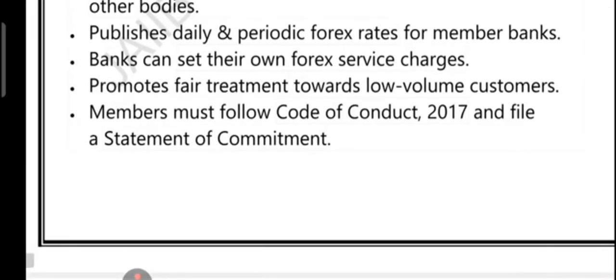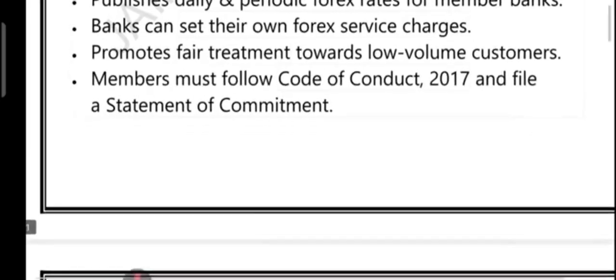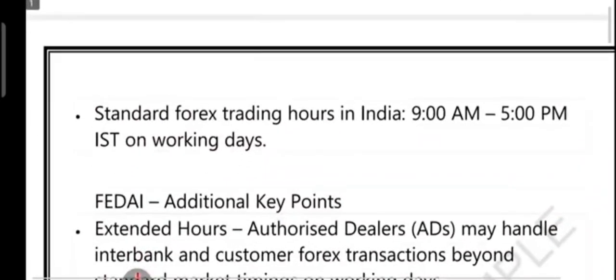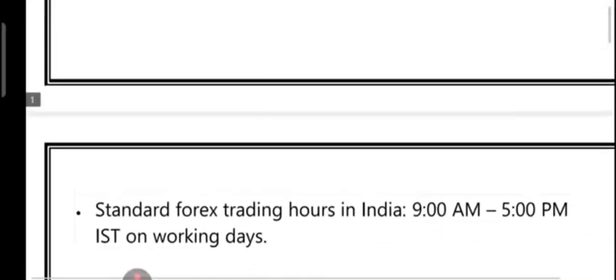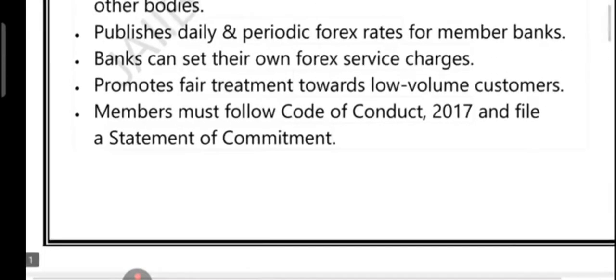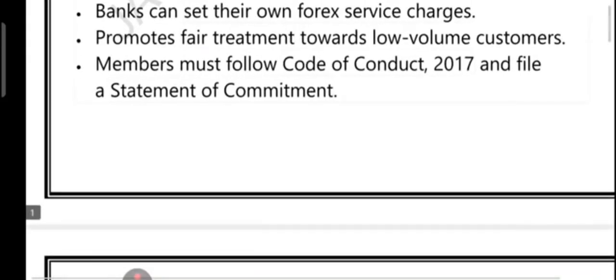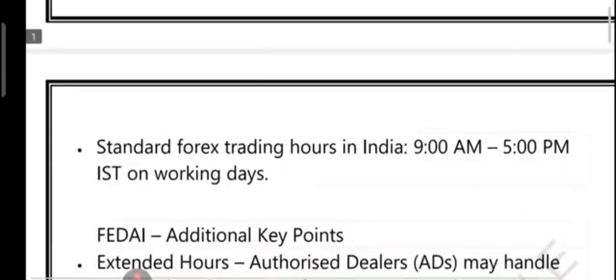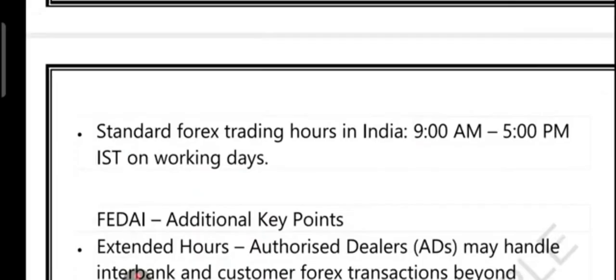Banks can still set their own service charges for forex transactions, but FEDAI ensures that small customers who don't do big transactions are treated fairly. Now all member banks have to follow a 2017 code of conduct and submit a statement of commitment. And yes, in India, the official forex trading time is 9 a.m. to 5 p.m. on working days.